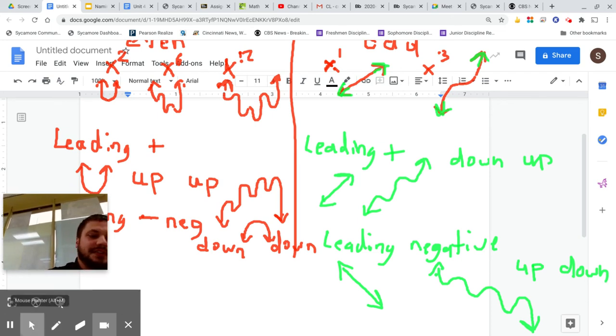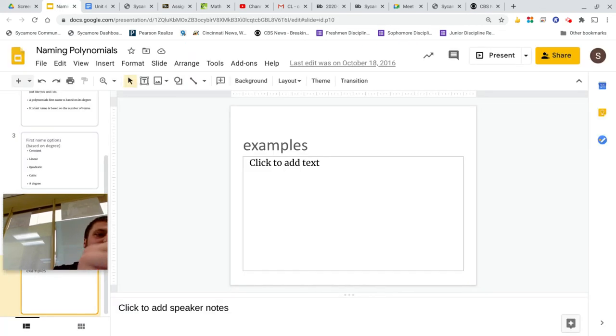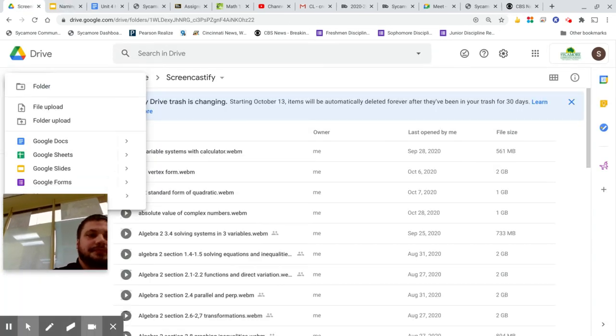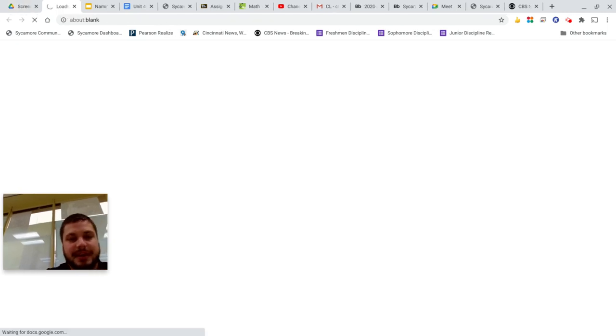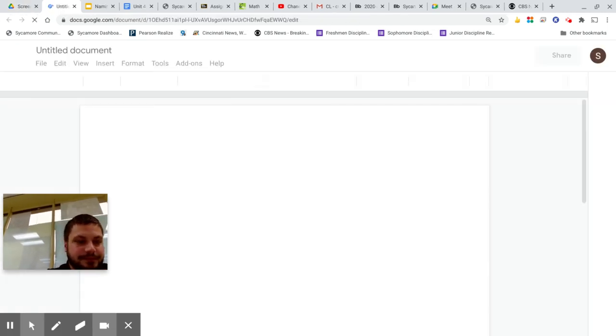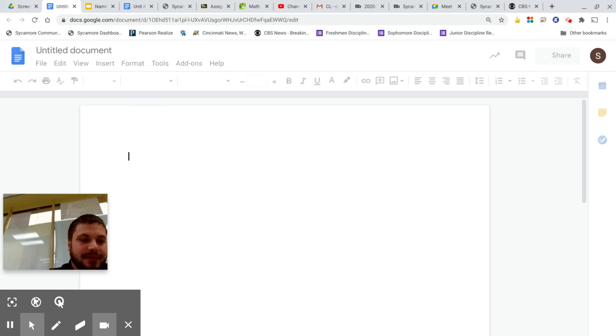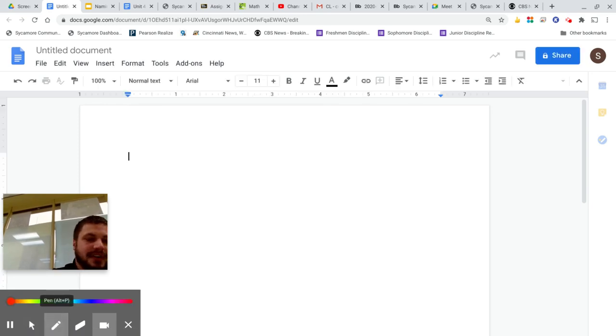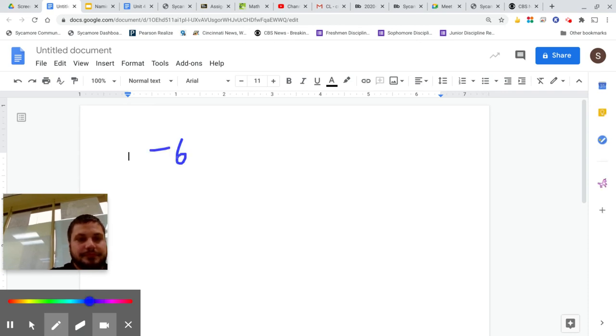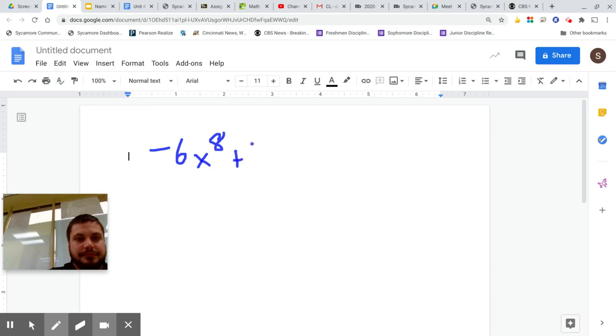Let's do a couple of these together so I can make sure you are understanding this. I am about to make up a couple random examples. Here we go. Let's say I had this problem. This is an 8th degree trinomial.